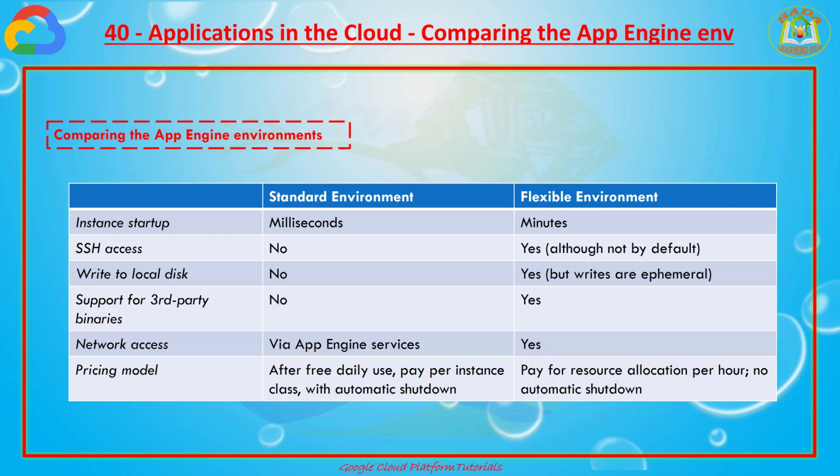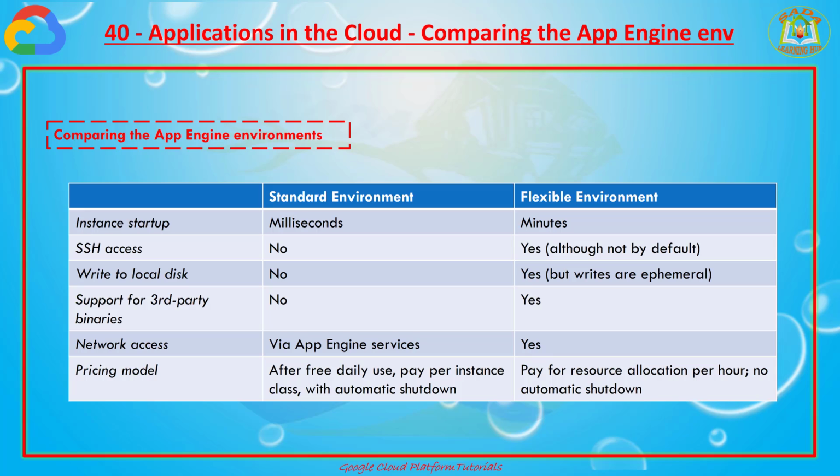Coming to the flexible environment, we have support for third-party binaries. If you need, we can get the Docker image file and install it into our App Engine. We'll get it automatically.